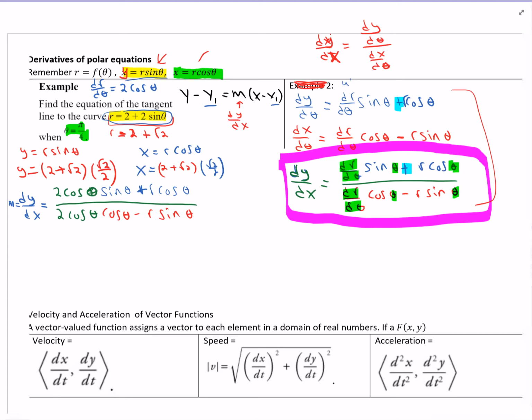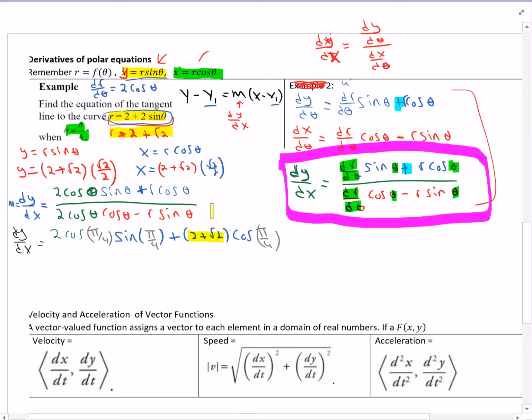And then it's just a matter of figuring out, we know what theta is, and we already figured out what r is too, right? So we can plug all that stuff in. So this is going to be dy/dx equals 2 cosine of pi over 4 times sine of pi over 4 plus the radius, which was 2 plus square root of 2, times cosine of pi over 4.